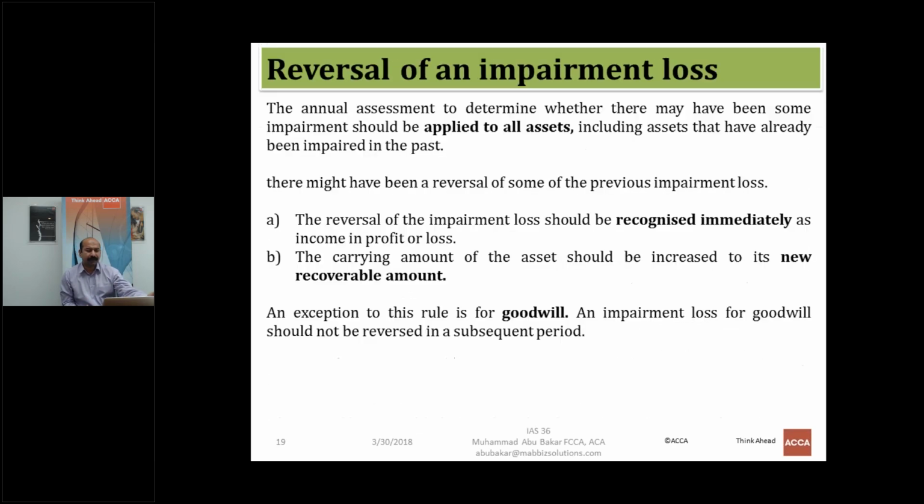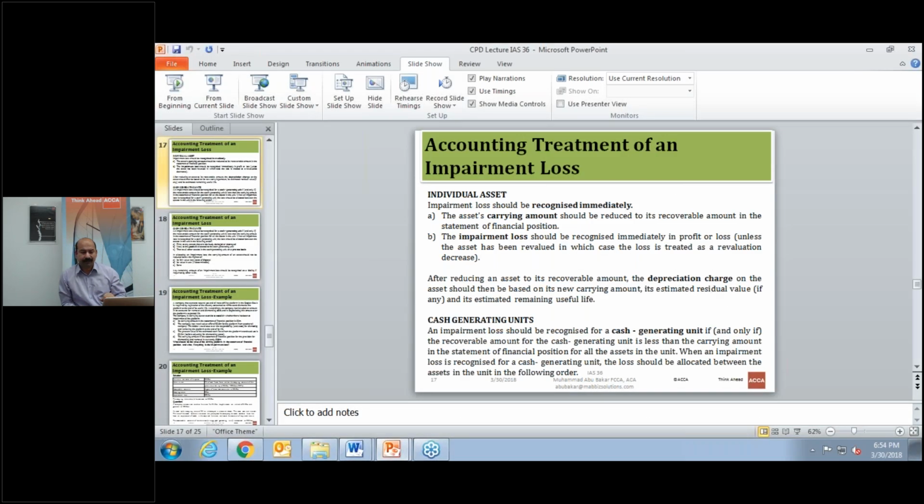During this 3-day session, we tried to cover accounting for fixed assets, and we were able to talk about International Accounting Standard 23, International Accounting Standard 40, then International Accounting Standard 20, then International Accounting Standard 16, and Interpretation 1 related to the accounting for changes in the decommissioning and restoration liability.